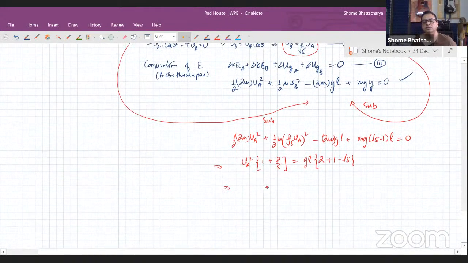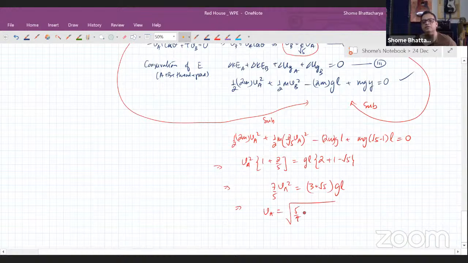So you can see we'll get something like this: 7 by 5 VA squared is equal to (3 minus root 5) gL. So our VA will come out to be the square root of 5 by 7 times (3 minus root 5) gL, my mistake, it is 3 minus root 5.